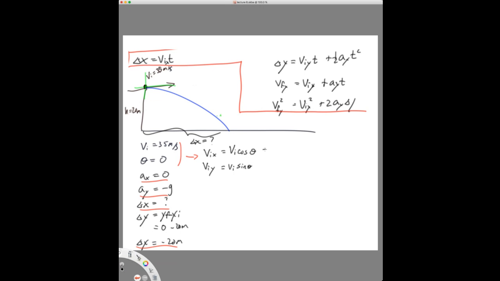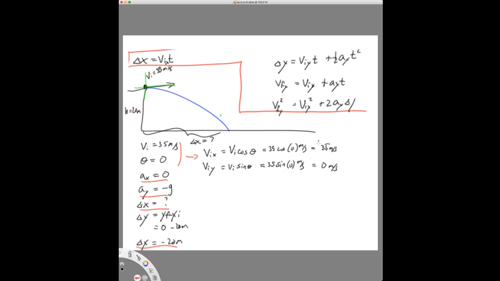So that's going to be 35 cosine of 0 meters per second and 35 sine of 0 meters per second. And if we plug that in the calculator, we get 35 meters per second and 0 meters per second.